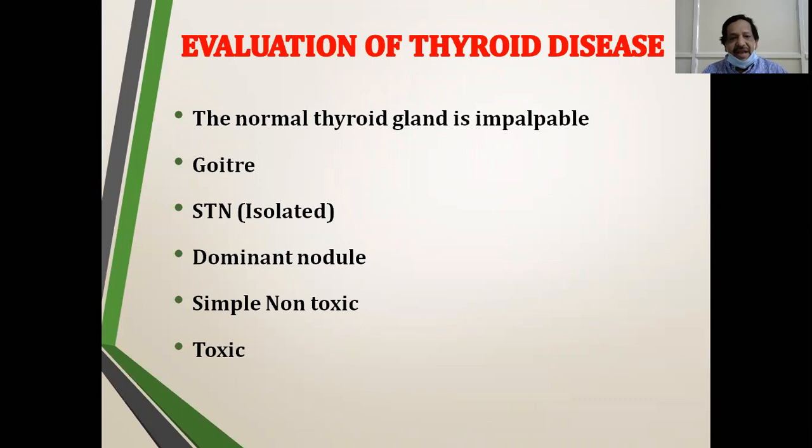Sometimes we'll have an STL, solitary thyroid nodule, isolated, and dominant nodule, or it may be simple, non-toxic, toxic. It is a very interesting thing. Whenever you think of a thyroid disorder, we always say something about the functional status, whether it is euthyroid, hyperthyroid, or hypothyroid.